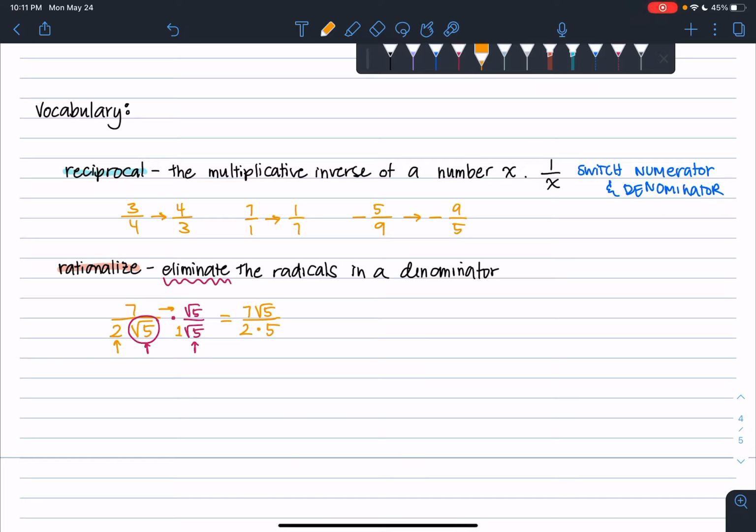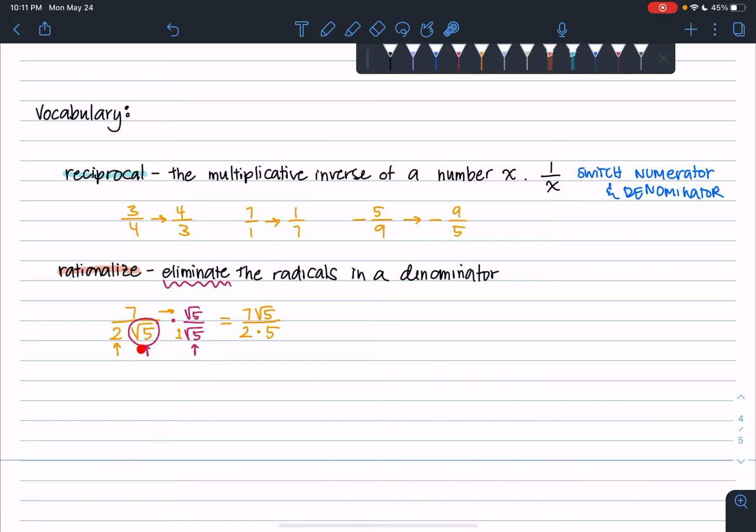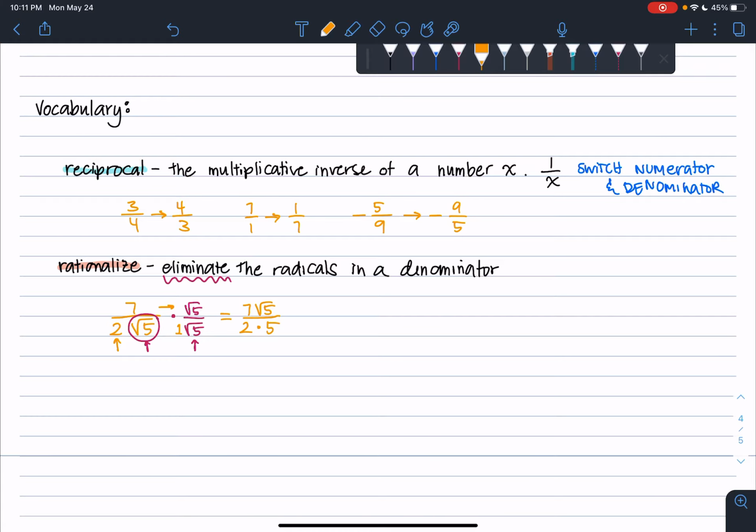So in the denominator, we get 2 times 5. Okay, so what happened here? When we multiply root 5 times root 5, the square root essentially eliminated. The final step here, we get 7 root 5 in the numerator, and 2 times 5 is 10 in the denominator.